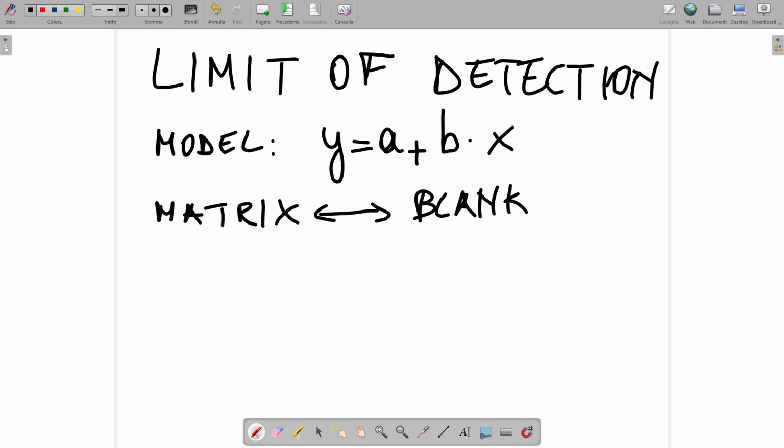So, limit of detection, minimum signal, but the term limit of detection is also used for the minimum concentration. So we can also say that the limit of detection is the minimum concentration giving a signal that is significantly different with respect to the signal of the blank.